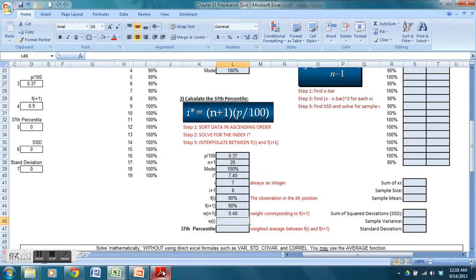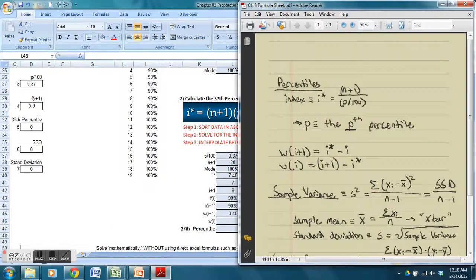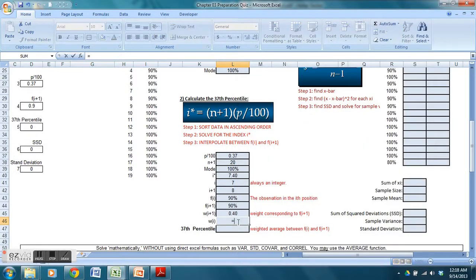And let's look at what the formula is for the weight of I. Looks like it's I plus 1 minus I star. So equals I plus 1 right there minus I star. And it looks like that's not coming into a format that I really care for. There we go. Show off the decimal.